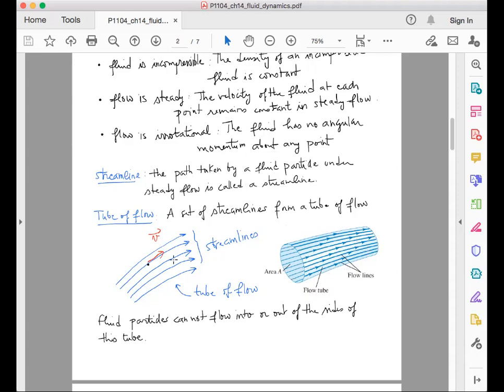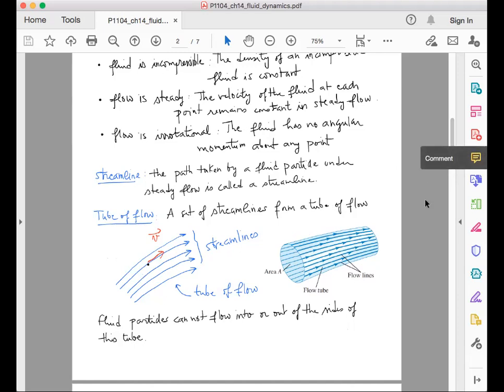Now, if we zoom in a little bit on these lines, you'll see that they are parallel to each other, and any particle at a given point would be moving with the same velocity v. One important thing is that the fluid particles cannot flow into or out of the sides of this tube, which means that particles cannot come into this tube or get out of it.